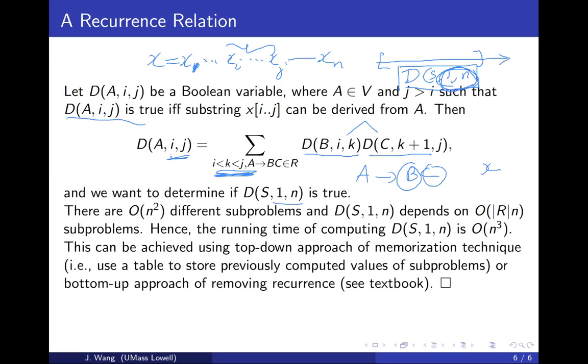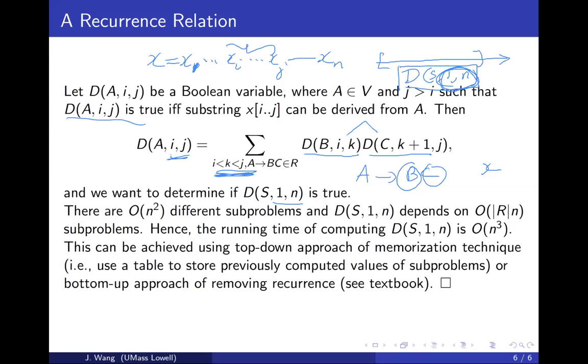So that is dynamic programming. We looked at 3 examples that are in P, and then the last one we used dynamic programming. Once again, dynamic programming is just to try to come up with a good recurrence relation for solving the underlying problem.